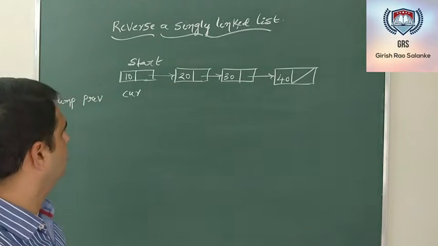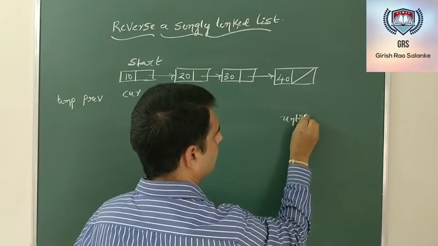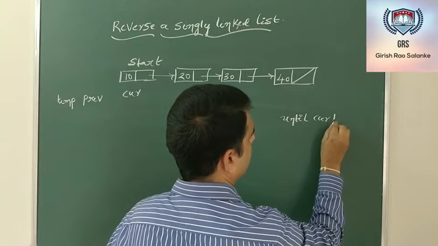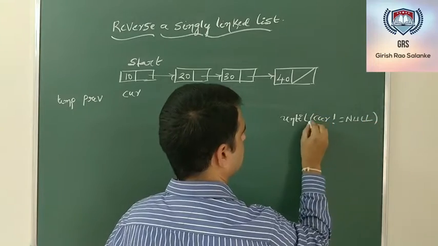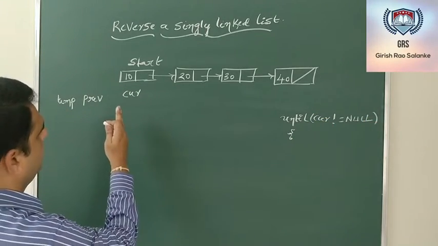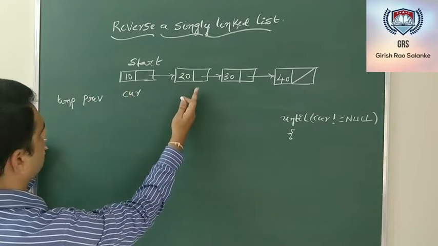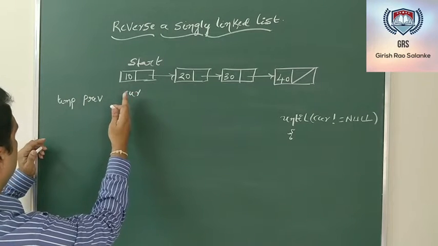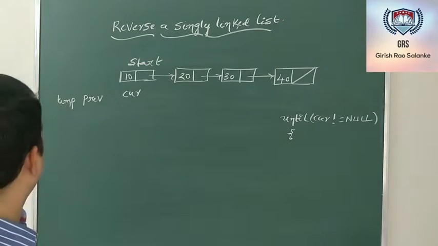Now what we are supposed to do, I'll just write it here: until current not equal to null, what we are supposed to do is traverse all these three. In the sense, make sure that current is traversed to the next node, previous is traversed to the current, as well as previous of link, let me point it to temp.